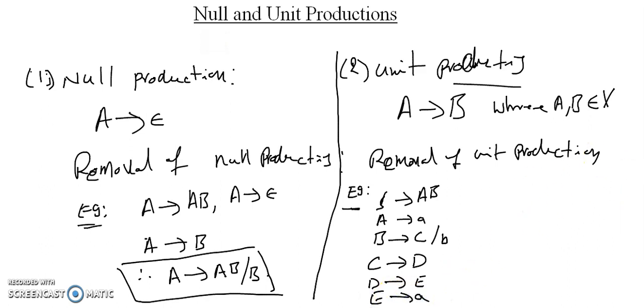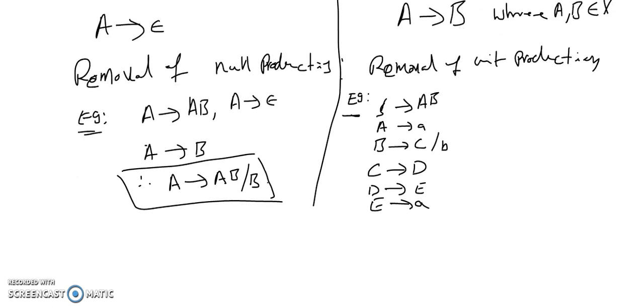This is the given production rules, so use the unit production concept and the removal of unit productions, and finally find out what the final productions are.